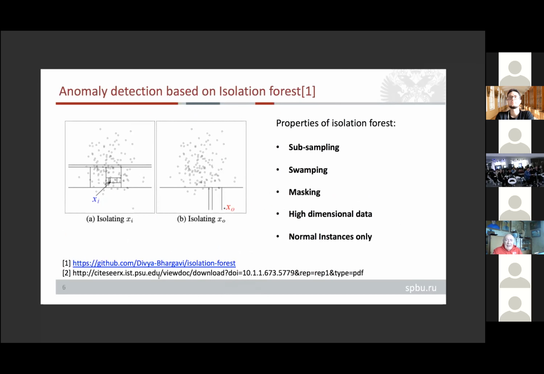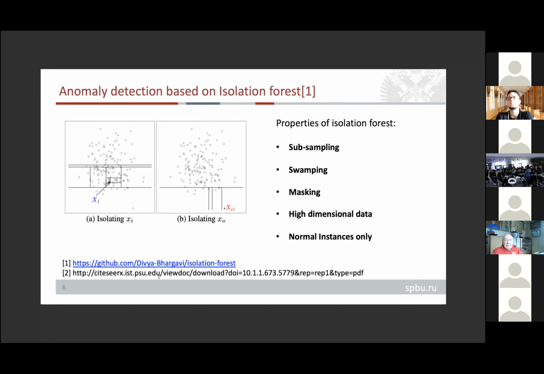In this project, we are based on isolation forest. Here you could see the properties of isolation forest. First is subsampling. Second is swamping, which refers to a problem where normal data is quite similar to anomalies.